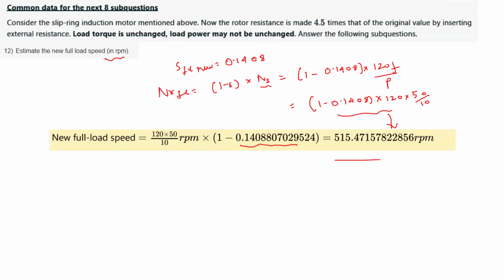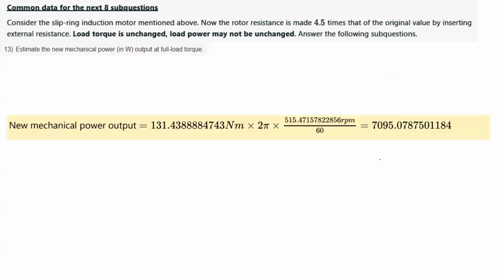Now we have to estimate the new mechanical power output at full load torque. This is something you have to observe carefully. They have already said that the mechanical power is not the same. They are saying new mechanical power at full load torque.